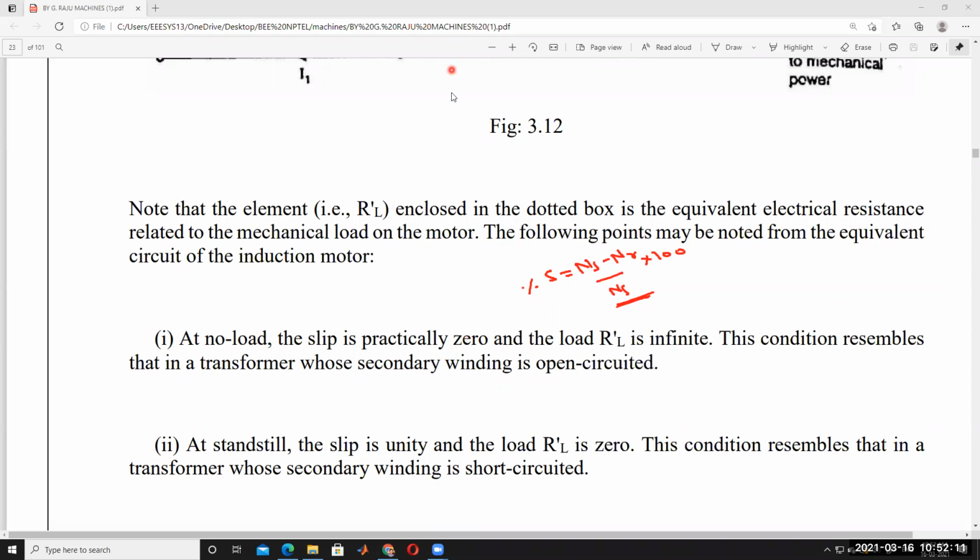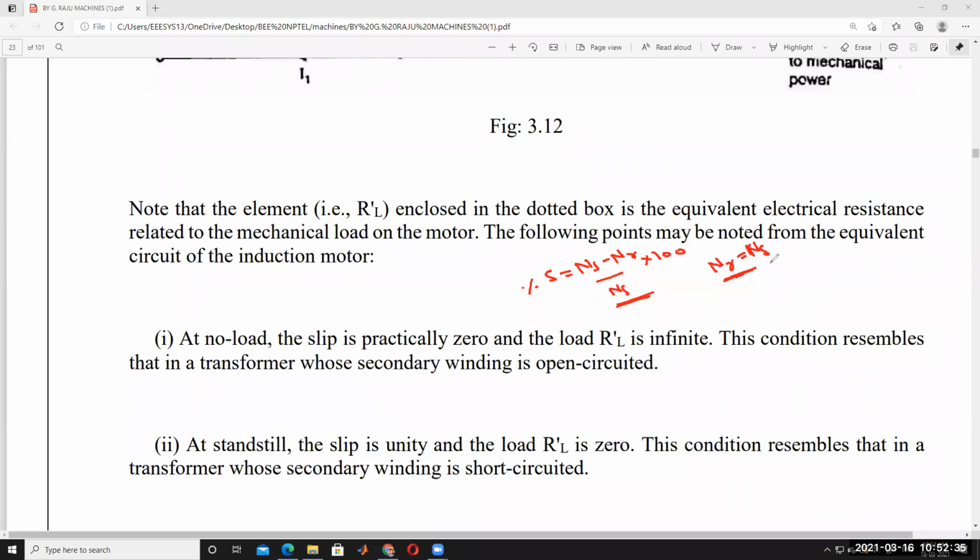Understood? Under no load conditions, the rotor speed is almost equal to the stator speed, but not exactly equal to the stator speed.